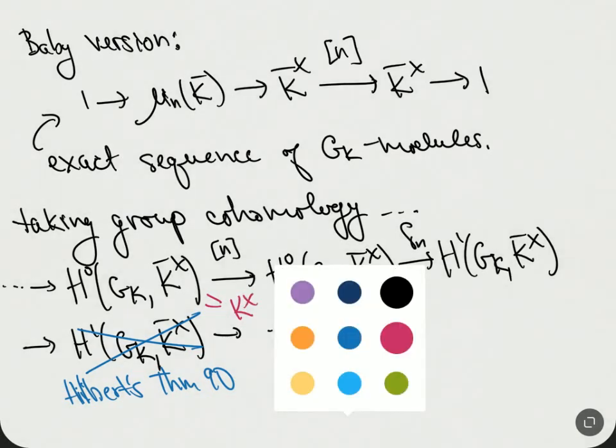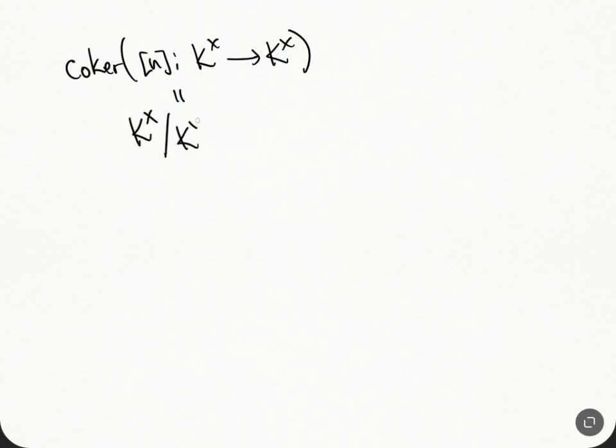And now we have the following. I'm just going to copy this over and say what I said before. So we have this cokernel of the map, which is multiplication by n from K cross to K cross. So we take the target modulo the image, so this is K cross modulo K cross to the n.